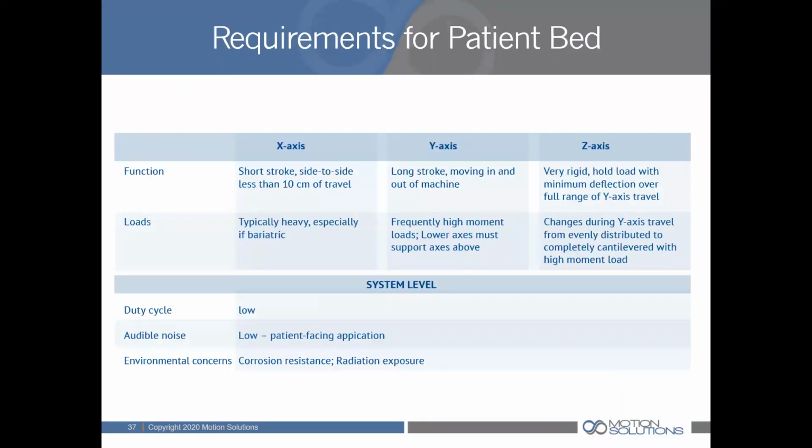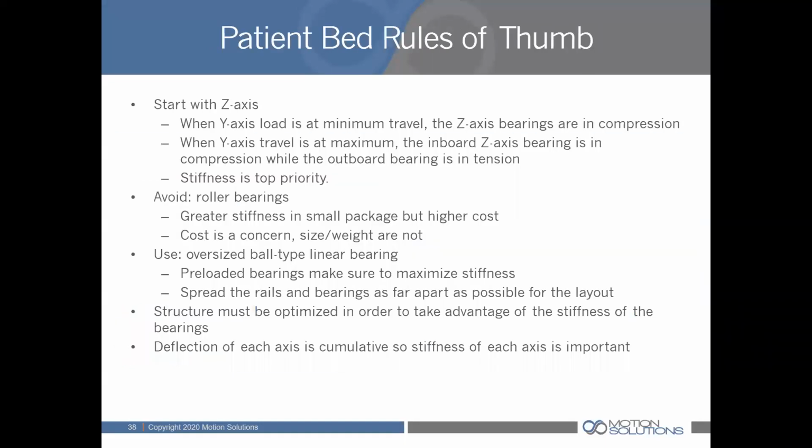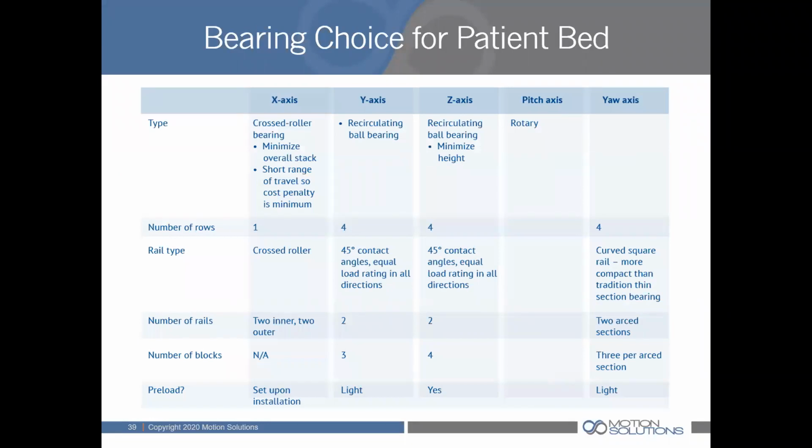So the y-axis is that long axis. Now the y-axis is supporting all the other loads. So you have to take into account the heavy moment load based on the overhung cantilevered load of the patient, and all the other axes that are mounted on top of that. So what we chose on the y-axis was the 4-row recirculating ball type bearing of substantial size.